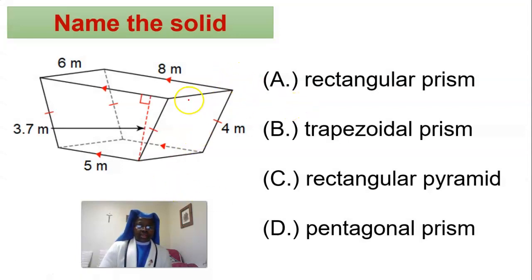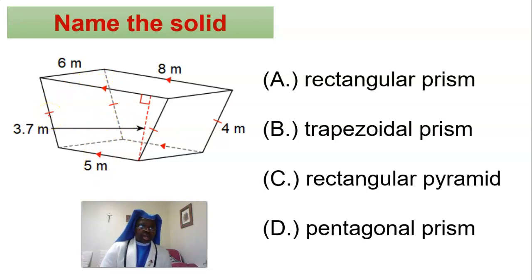Next, well, let's look closely. What do we see? Rectangle side, rectangle top, rectangle to the side, rectangle at the bottom. So there's too many rectangles, so it cannot be a rectangular prism. Then we have a 4-sided shape here. It's not a rectangle. It has 2 congruent opposite sides. Is that a parallelogram?